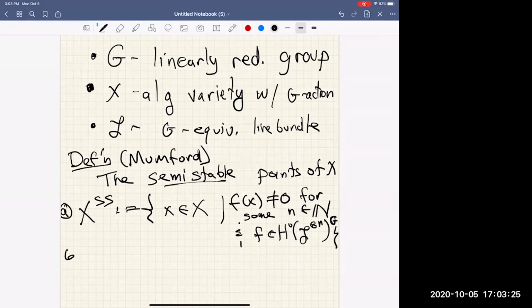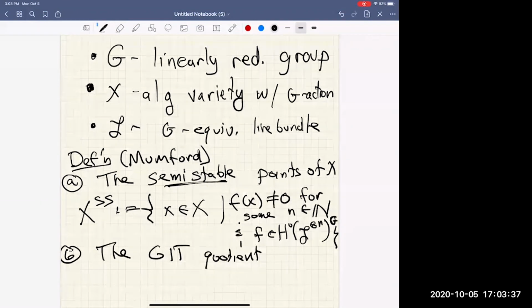Part B, the GIT quotient, will vary slightly from Mumford's definition. So I'll say stack in parentheses here. It's just going to be the quotient of this open set by the group G as a stack.